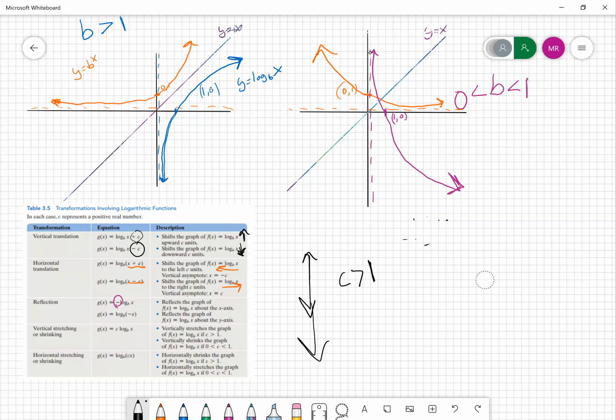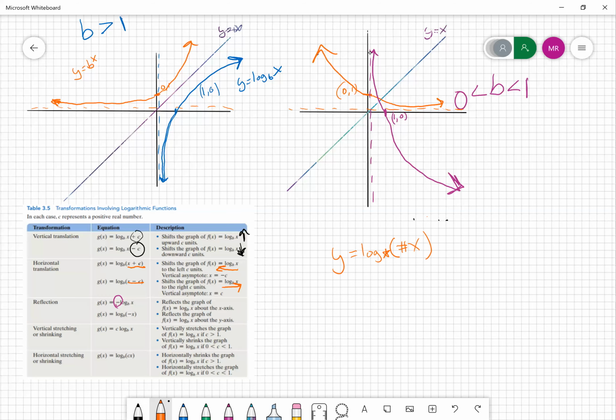Now what about the horizontal stretch or shrink? It's the same, but this time we recognize a horizontal stretch and shrink, where if we've got y equals log a star, and then we've got our c hanging out with the x, so it's some number with the x.